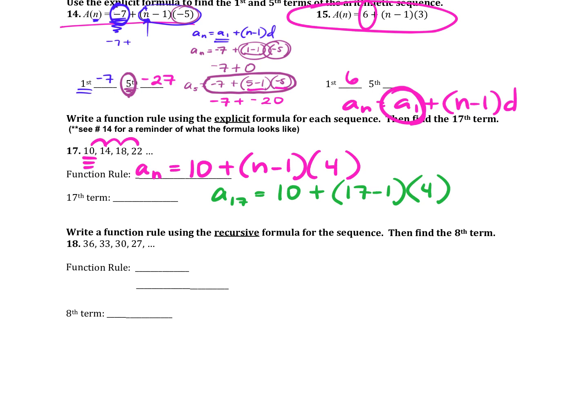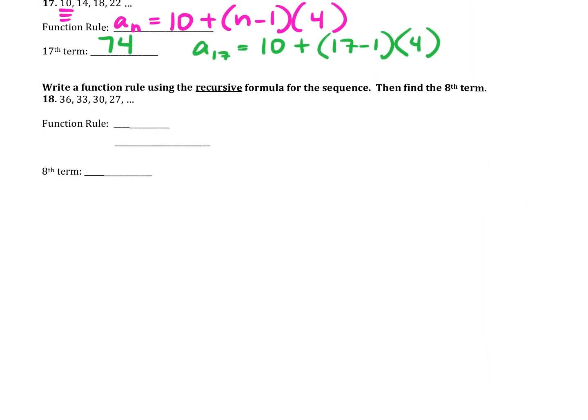What do you get? Are you plugging in a negative instead of a minus? Bring it up here real fast. Did you get 74? I haven't tried it. You should try it.